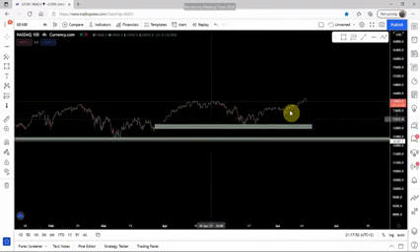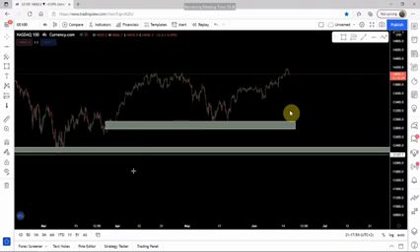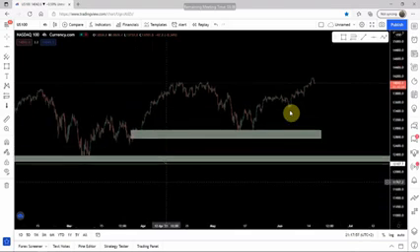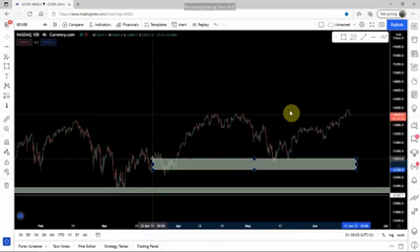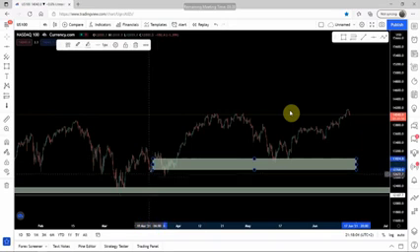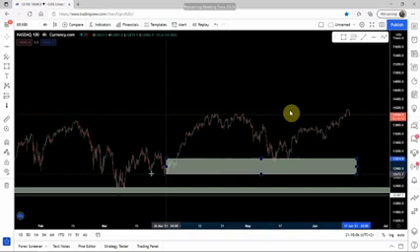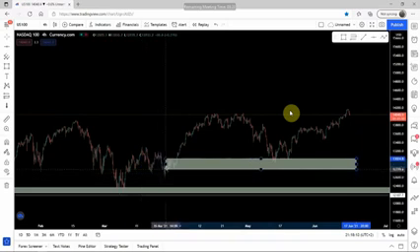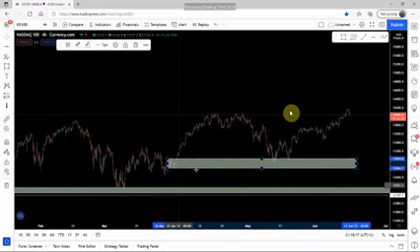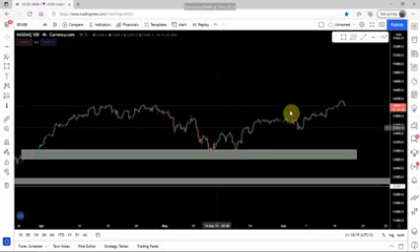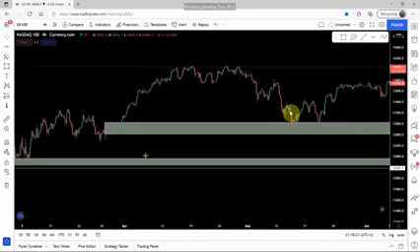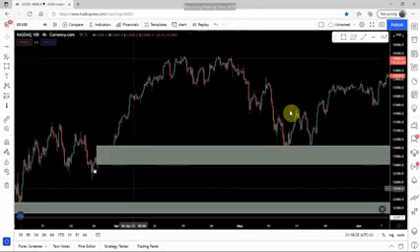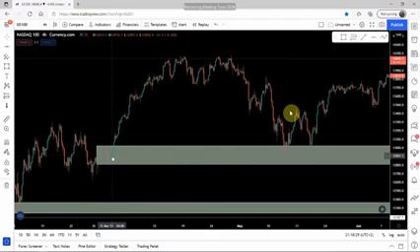So when I talk about order flow, I talk about a level where there were multiple orders being pushed in. So we had an order block, but there were so many orders being pushed in at this order block. With me? Yes, sir.